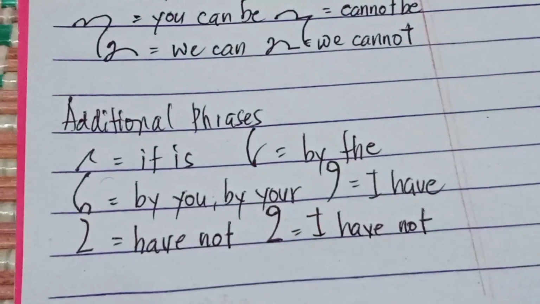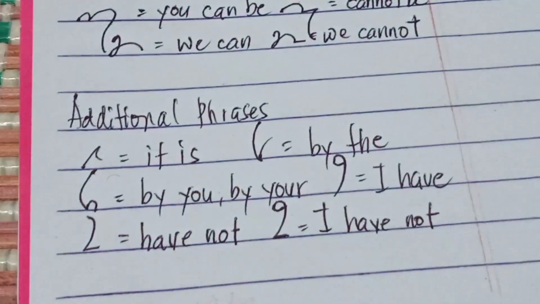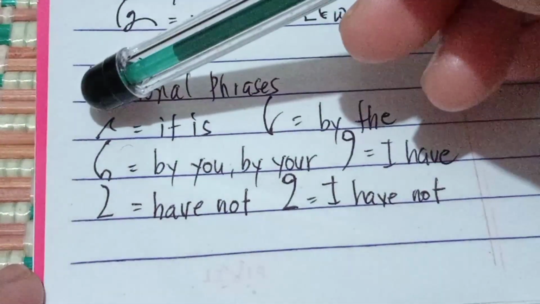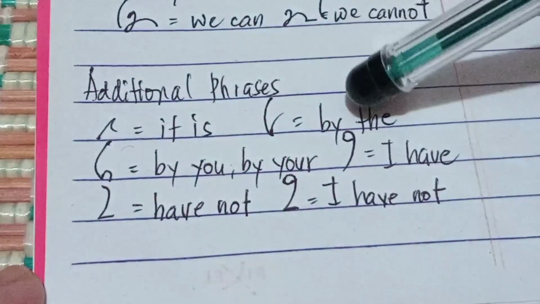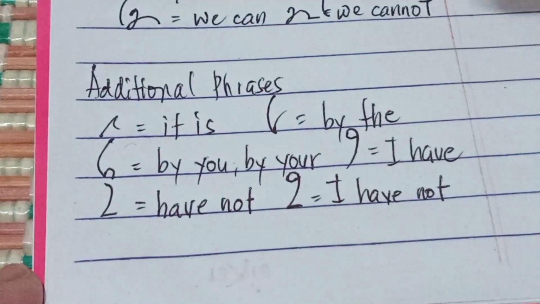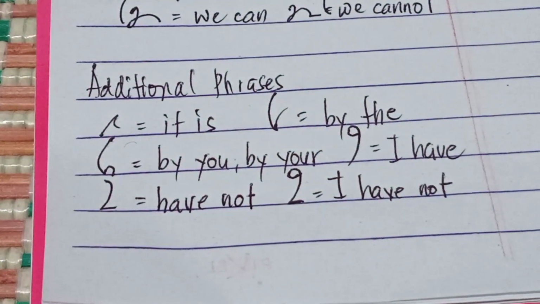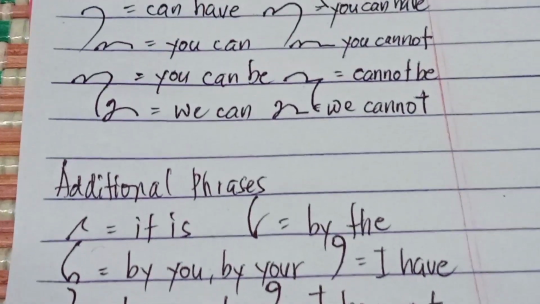So these are additional phrases in lesson 8. Let's read all together. So it is, by the, by you, by your, I have not. So these are the additional phrases.